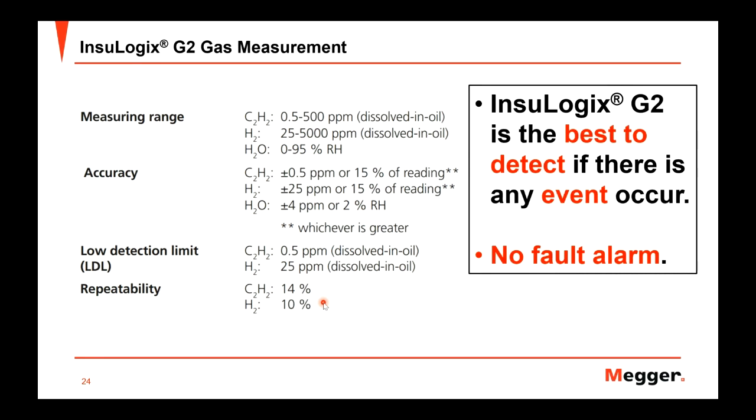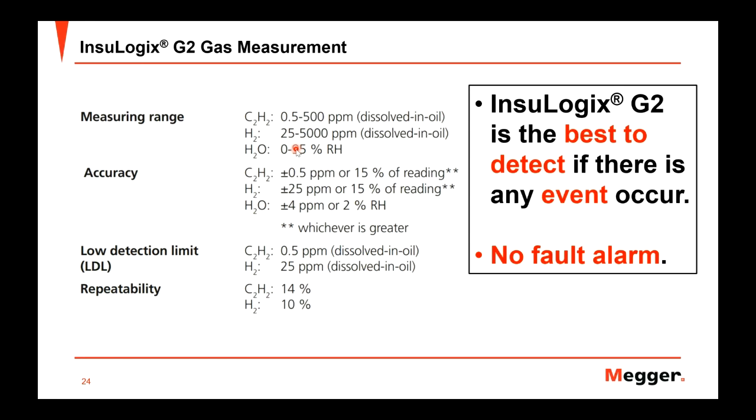Okay, so it is the best equipment to detect if anything inside of your transformer is happening. Any event that is happening inside your transformer, an increase in the acetylene or an increase of the hydrogen. Of course, in the case study before, you could see that the hydrogen may start from 0 or something, 25 ppm, which is a very, very small amount.